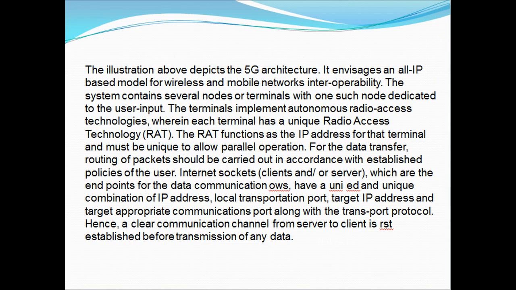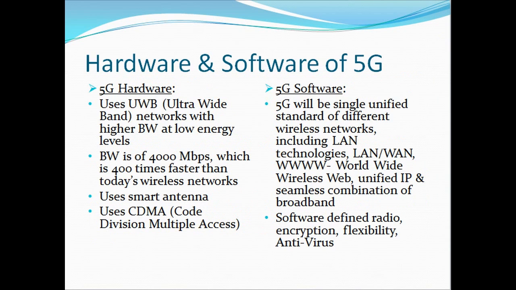Hardware and software of 5G. 5G hardware uses UWB or ultra wideband network with higher bandwidth at low energy levels. Bandwidth is around 4000 Mbps, which is 400 times faster than today's wireless network. It uses smart antenna and uses CDMA, code division multiple access.